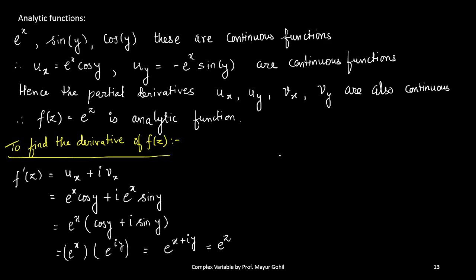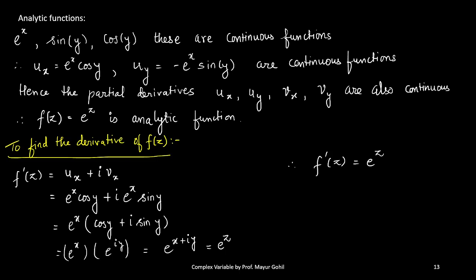Therefore at the final stage, f dash of z is equal to e to the power z. That's the derivative. So this is one very basic example of how to calculate the derivative using the analytic function definition and concepts.